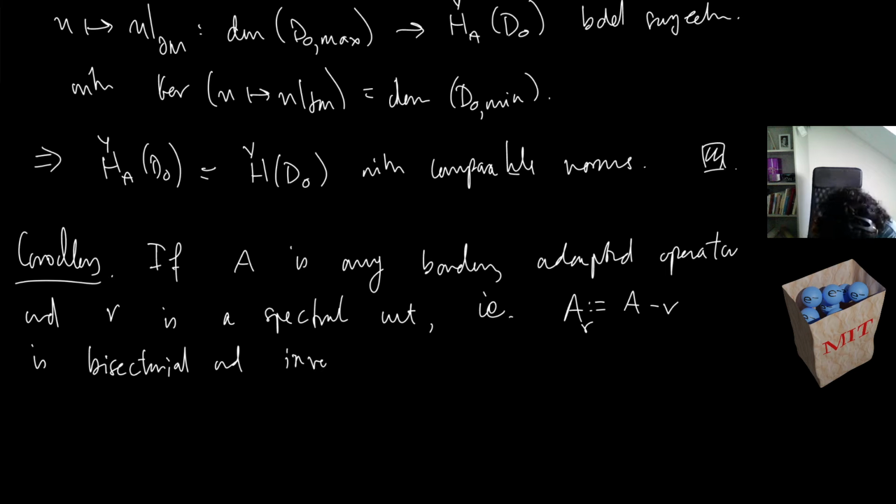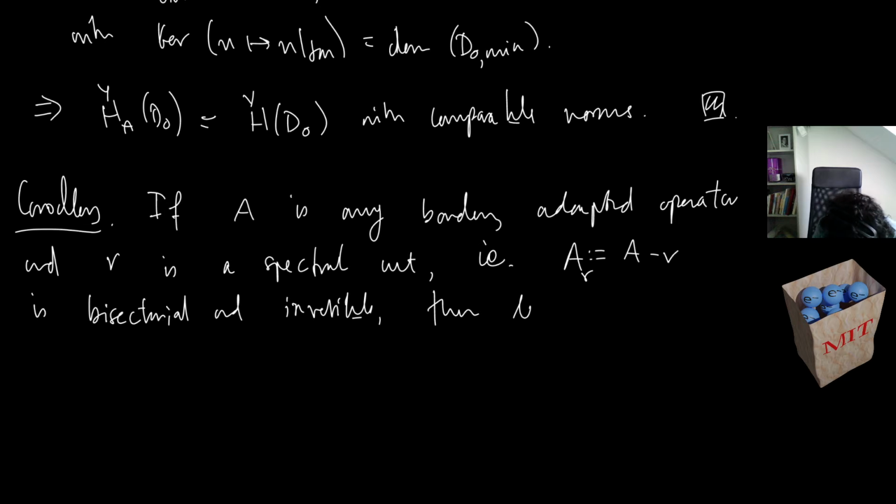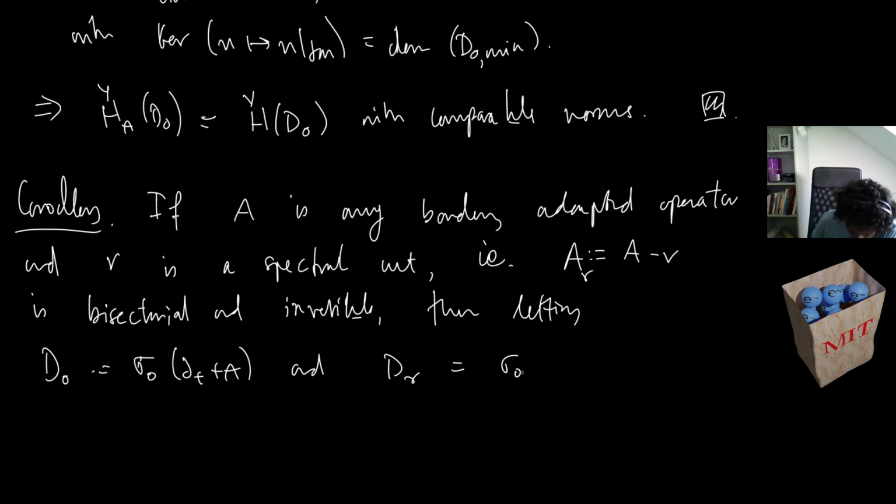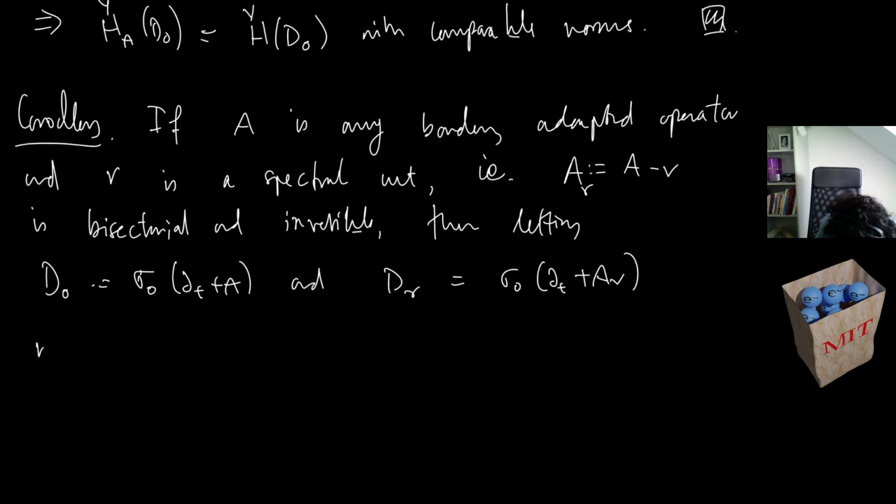letting D_0 equal sigma_0 d/dt plus A, well, this is what we define it to be, and D_R equal to D_0 plus R, we have that the check of D_R is equal to the check of D_0, which is equal to exactly this A_R.